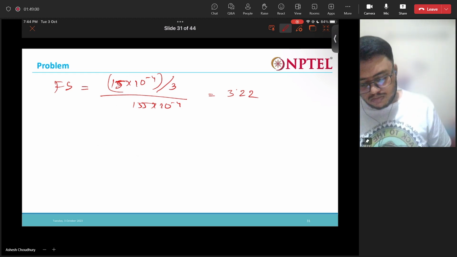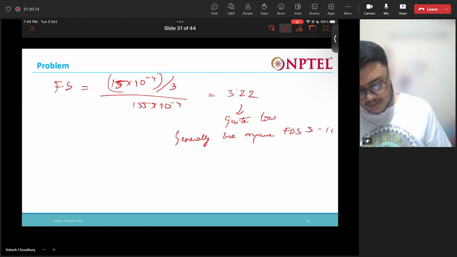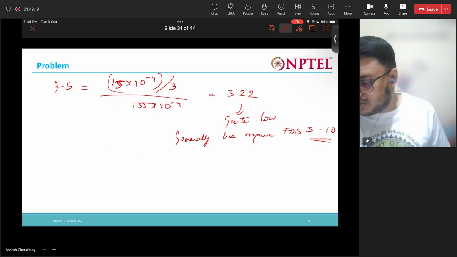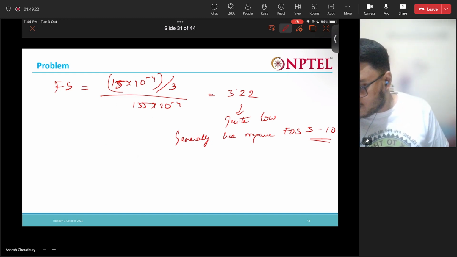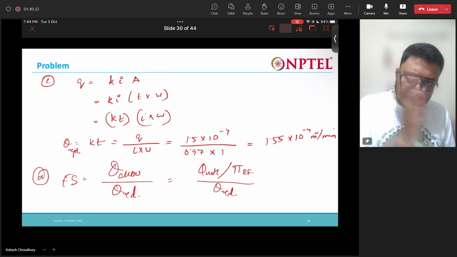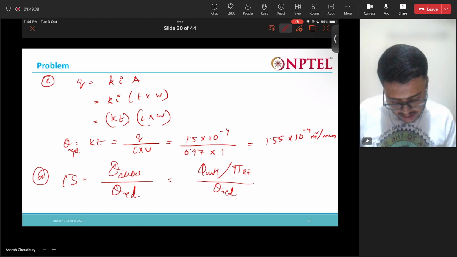Okay, so generally this is actually quite low. Generally we require a factor of safety of 5 to 10, so it is quite low. So what we can do is, one option is to change the geotextile, the other option is to increase the thickness of the geotextile.